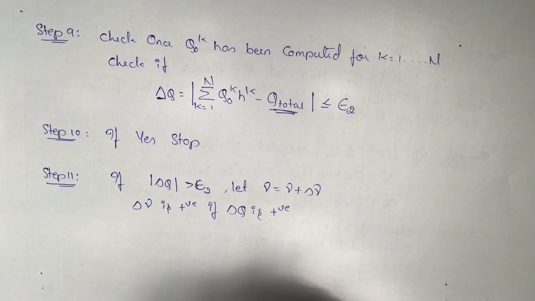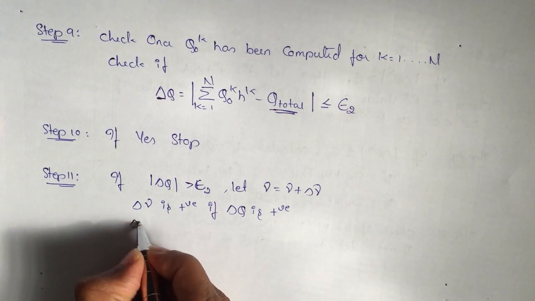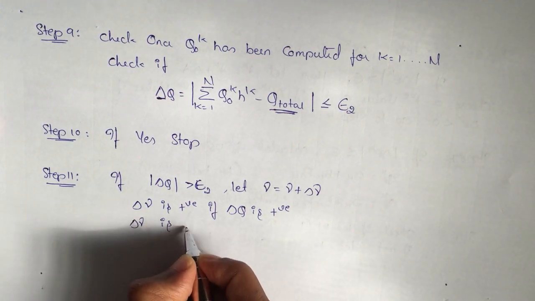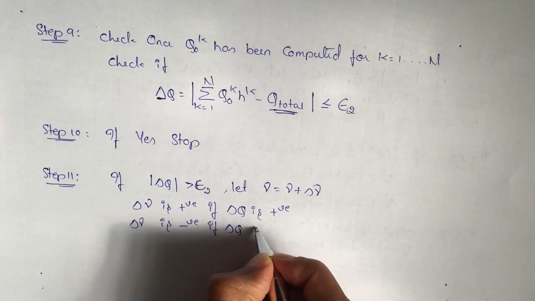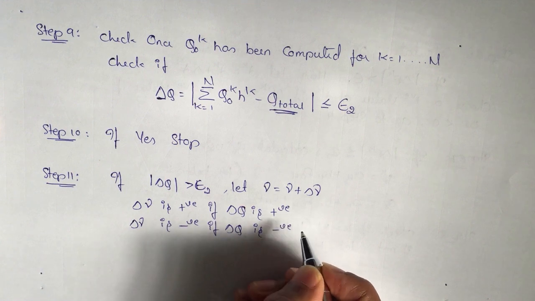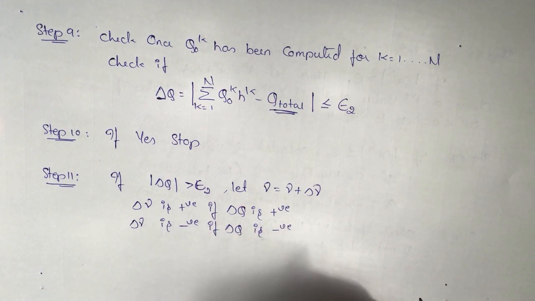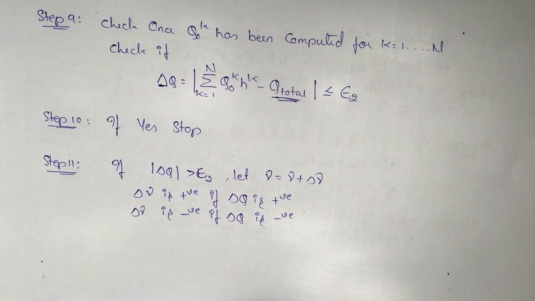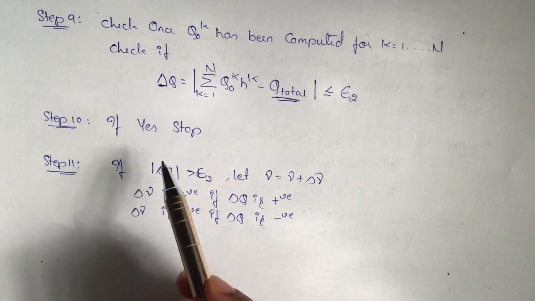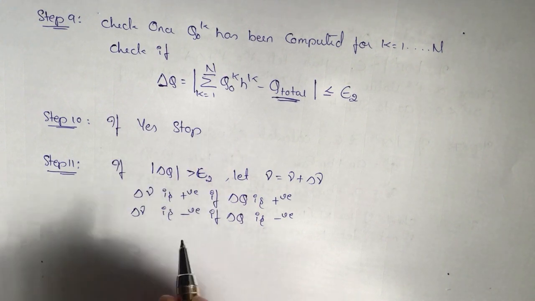Okay, and delta gamma is negative if delta Q is negative. You can see step 11, we are going to check whether delta Q is greater than epsilon or not.